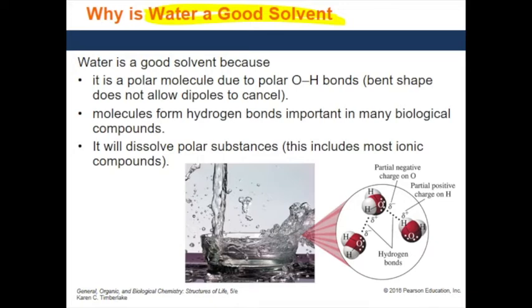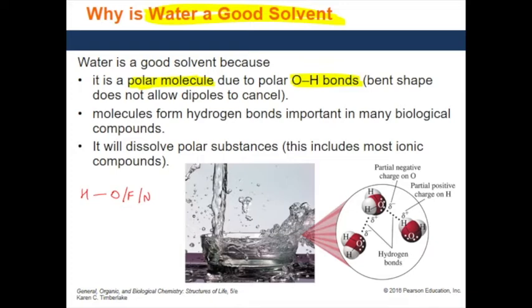The next thing we know is that it can make hydrogen bonds. Remember, a hydrogen bond forms whenever hydrogen is bonded to oxygen, fluorine, or nitrogen; that hydrogen can make a hydrogen bond. So in the case of water, hydrogen bonds form whenever any other molecules are added into water.